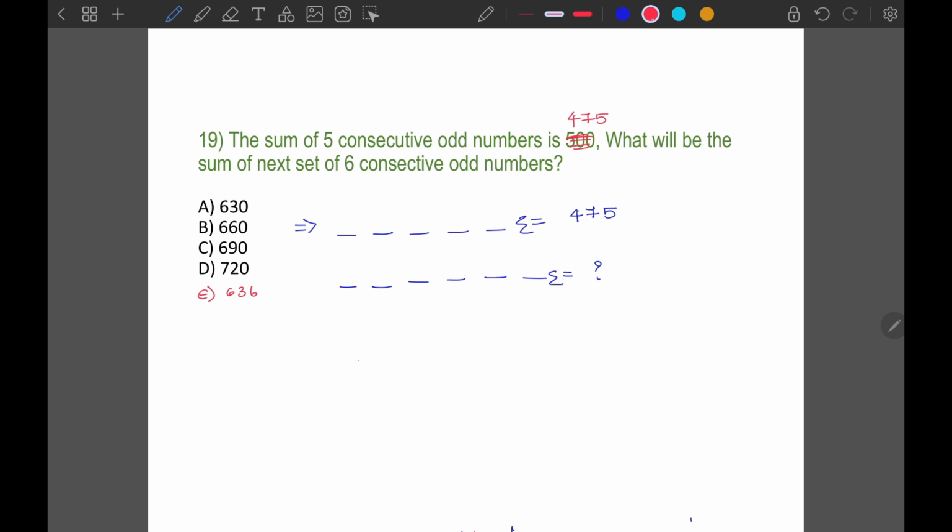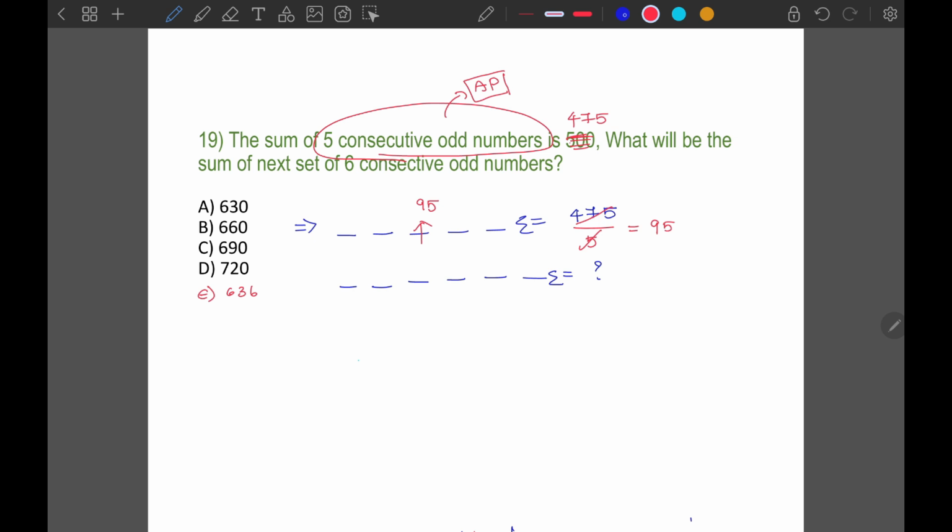First we use the same approach which we have used in the previous question. First, to find the mean, 475 by 5 is 95. So this is the mean, because since they are given as consecutive odd numbers, that is they are in AP, so the middle number will be the mean.